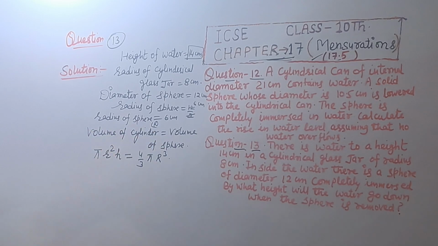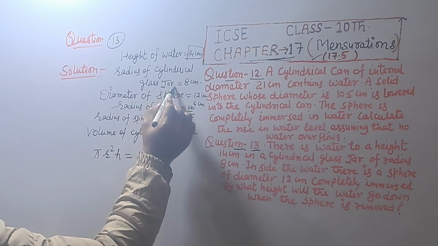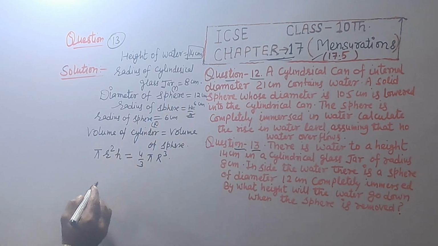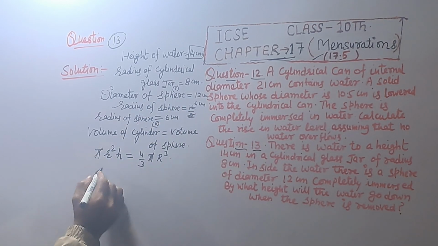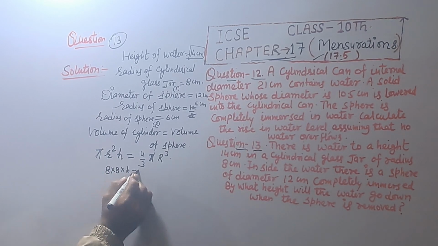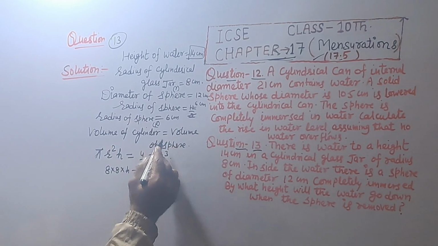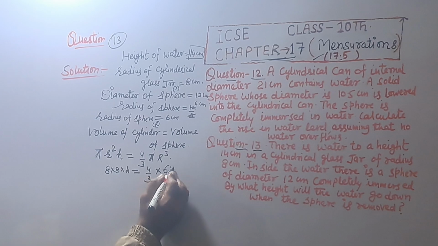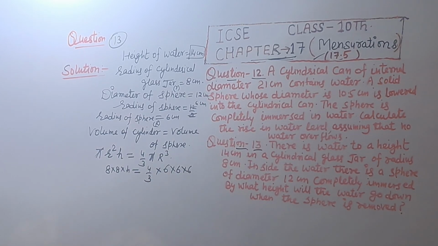Radius of sphere is capital R and radius of cylinder is small r. Pi is cancelled. 8 into h is equal to 4 upon 3 into 6 into 6 into 6.